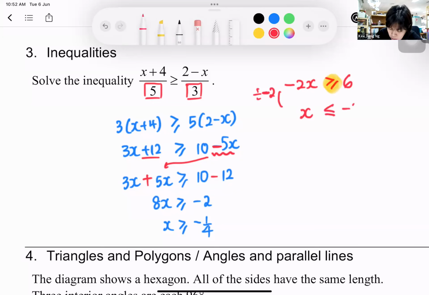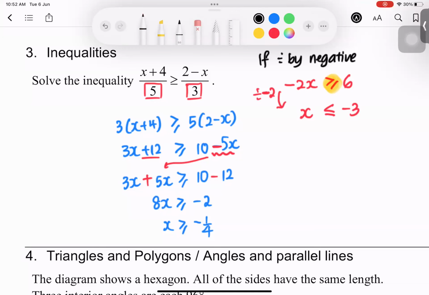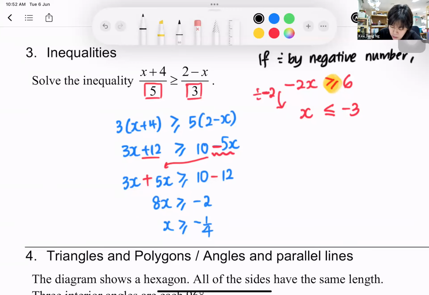Then this one will become negative 3. If you divide by a negative number, the inequality sign changes direction.